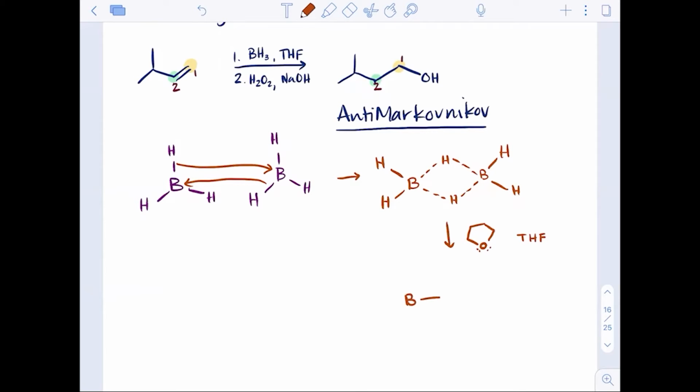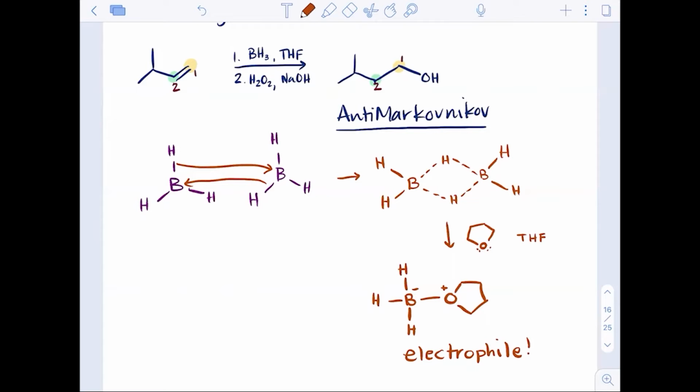It will break up that dimer in a Lewis acid-base style reaction to create this electrophile. And that's the electrophile that we want. We want that boron to be reactive for us in this reaction because he is the first step.